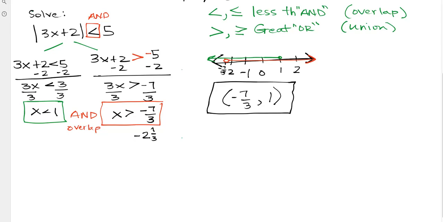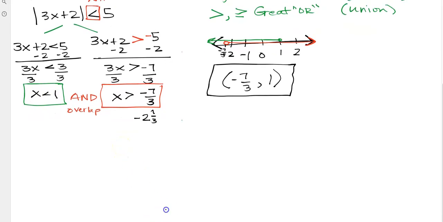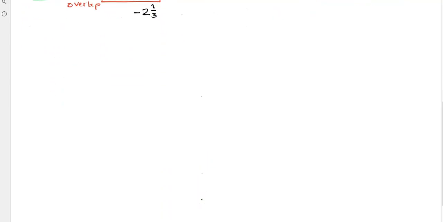Okay, let's try one like this. Let's solve: absolute value of x minus 8 is greater than or equal to -8.